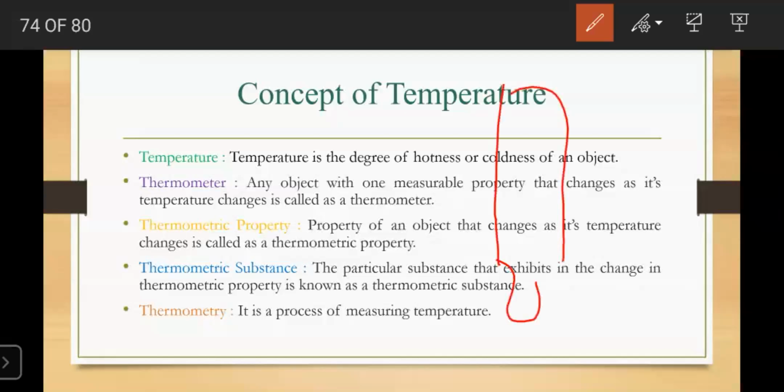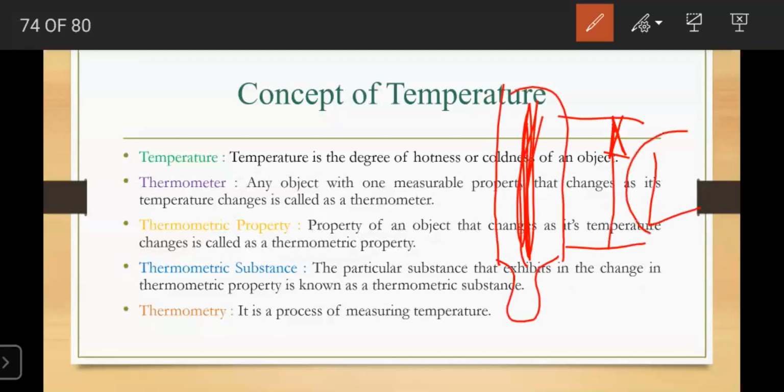In this, mercury is there. If you are increasing the temperature, what happens to mercury? Change in length will be there. So that change in length, you can call a thermometric property of the mercury. What is the thermometric property? Whichever property changes with the temperature, you can call it a thermometric property.